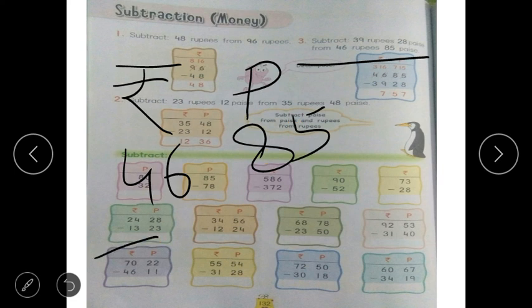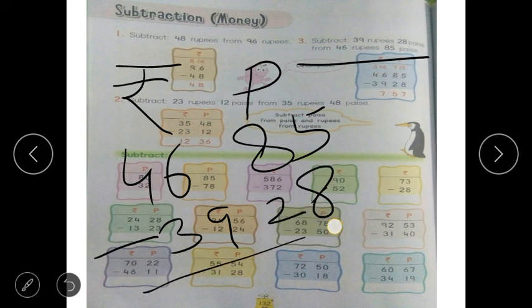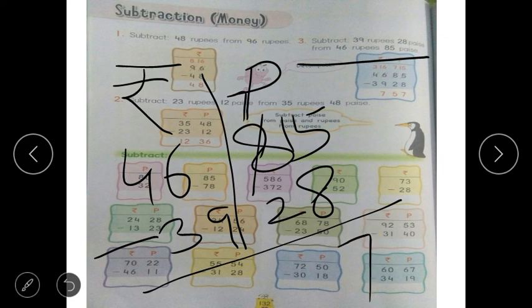Minus 39 rupees 28 paisa. Paisa you have to write in the paisa column and rupees in the rupees column.